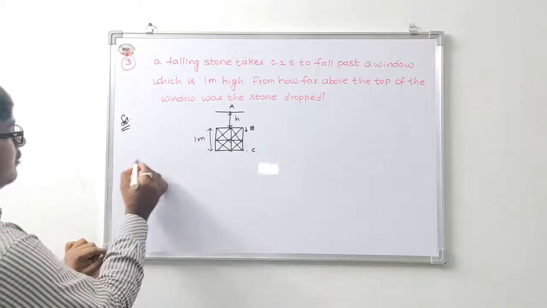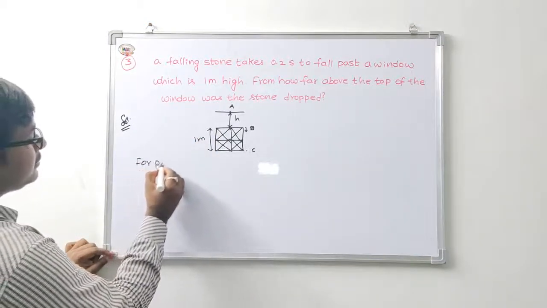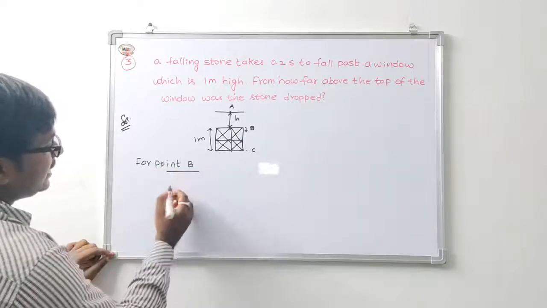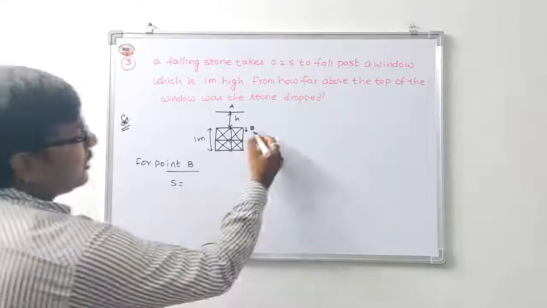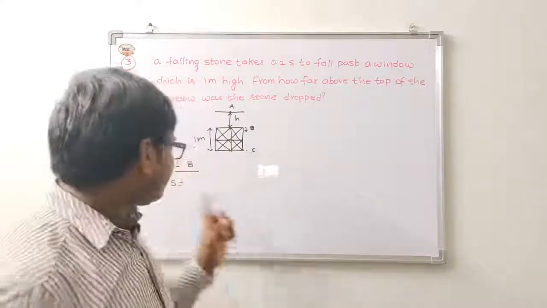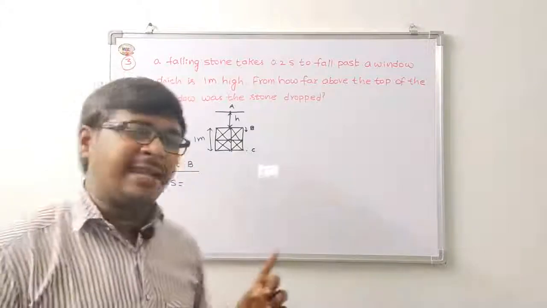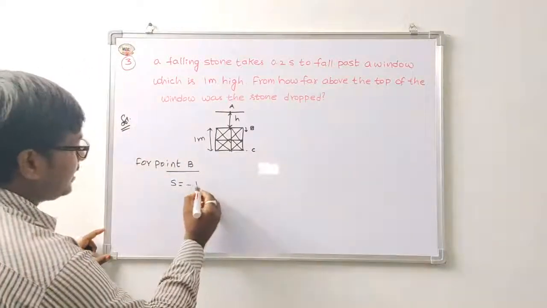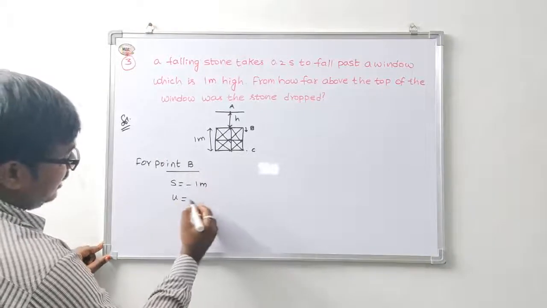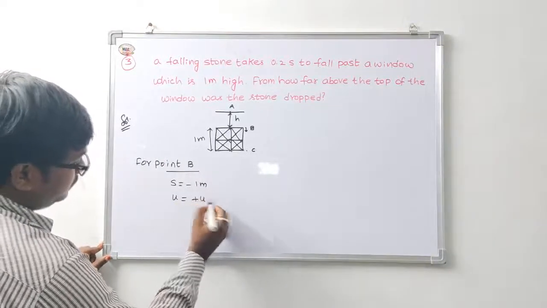First find out for point B. From point B, the body is dropping, freely falling. Displacement is negative, minus 1 meter. Then u is to be found, students.